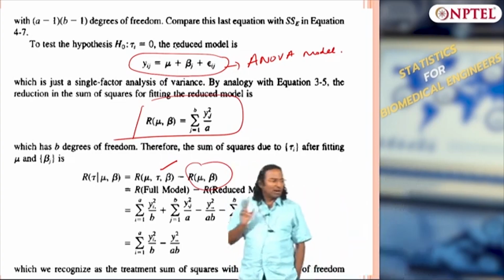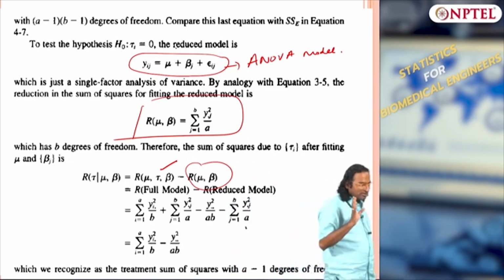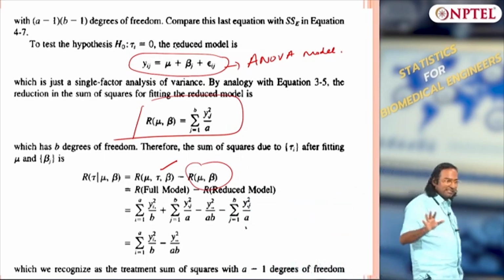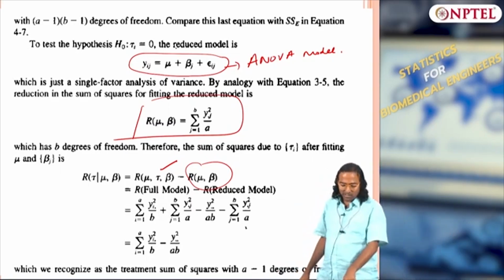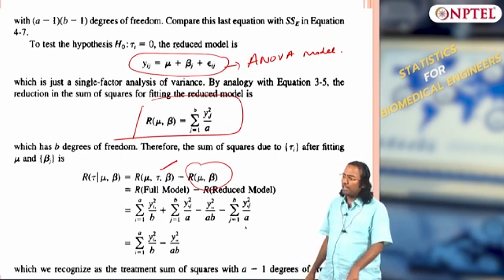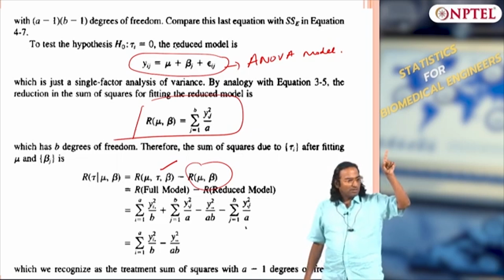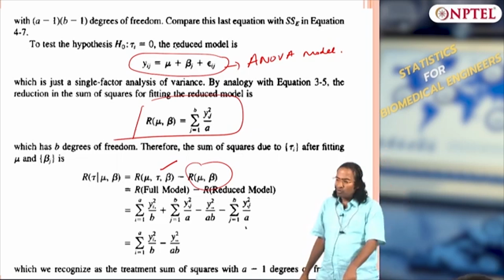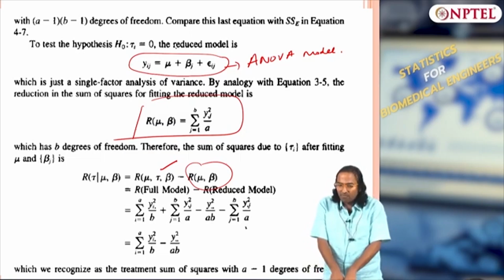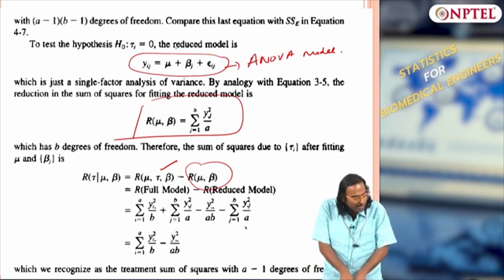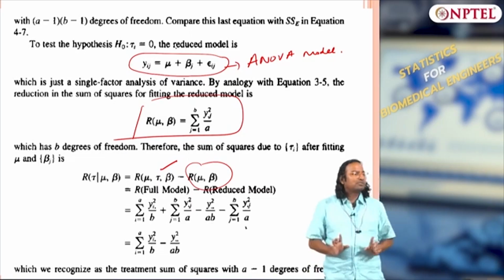This is the ANOVA model with blocks, treatment is 0. So now for this model I can use the ANOVA approach and get R mu comma beta. You remember R mu comma tau in your ANOVA, now I get R mu comma beta. Now the overall model minus R mu comma beta should give me the effect of tau.